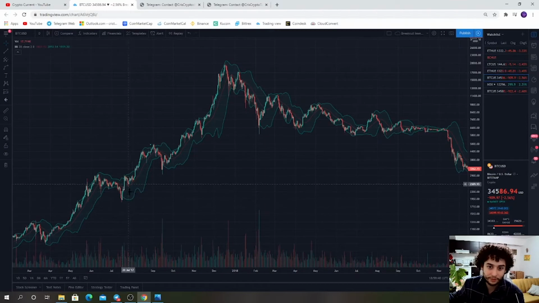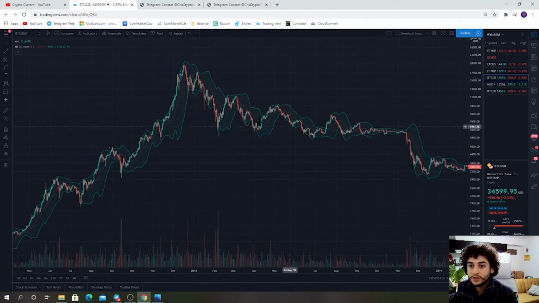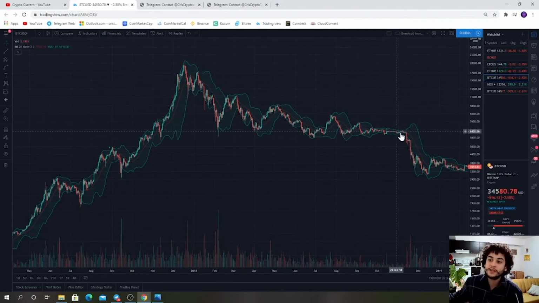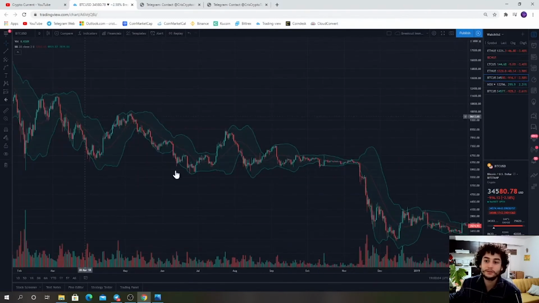Same goes with these regions, extreme volatility. However, later into this bear market we had in 2018, 2019, we saw that this cloud over time started getting smaller and smaller, squeezing and coiling into this point where it was really thin compared to the past.